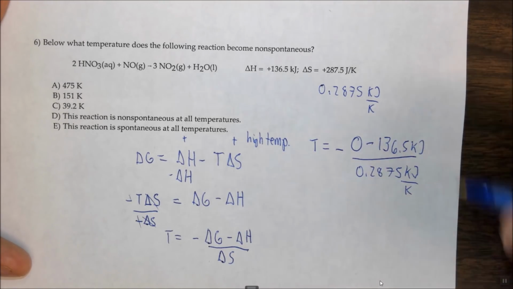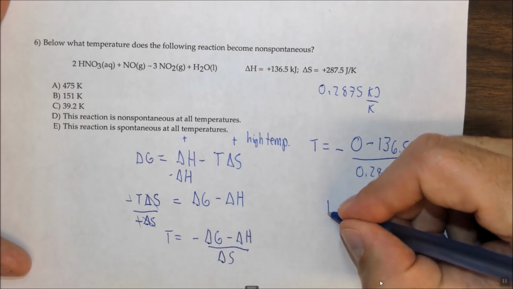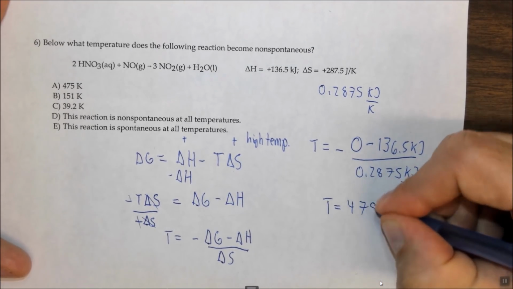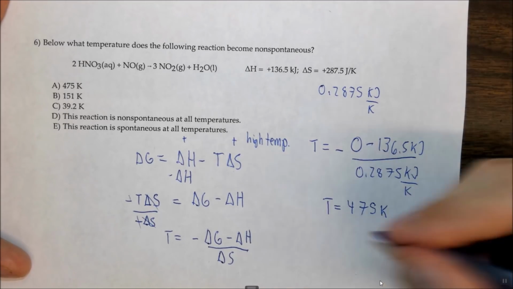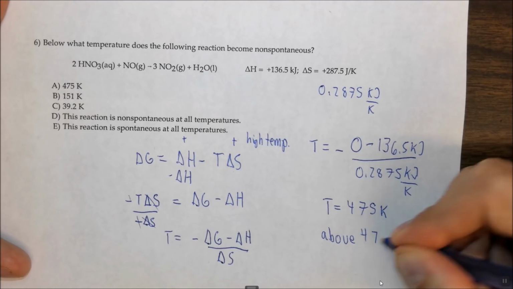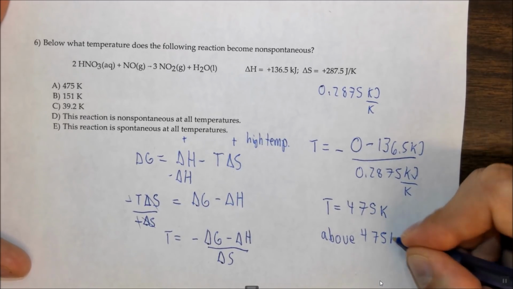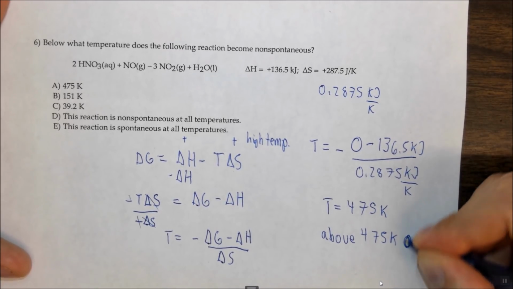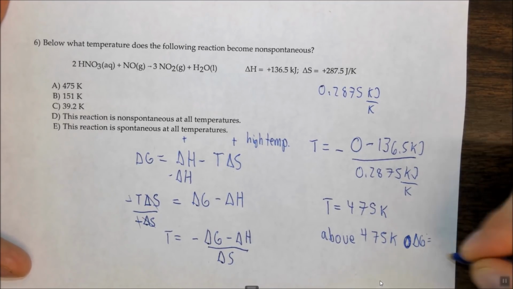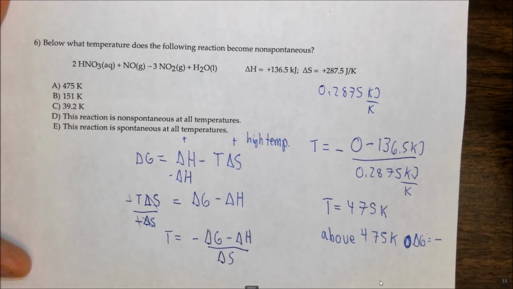Then, when you do this math, what you're going to get is T equals 475 K. So above 475 K, delta G is negative and spontaneous.